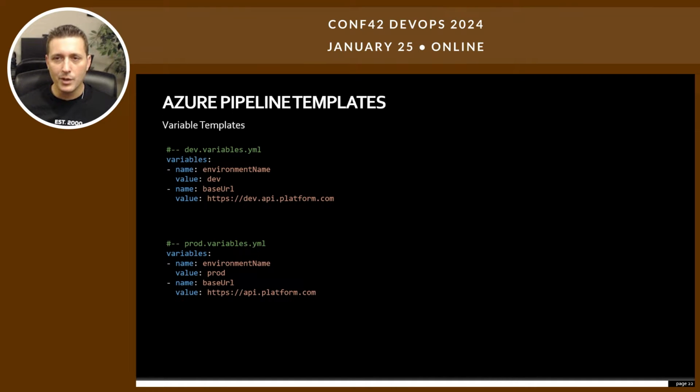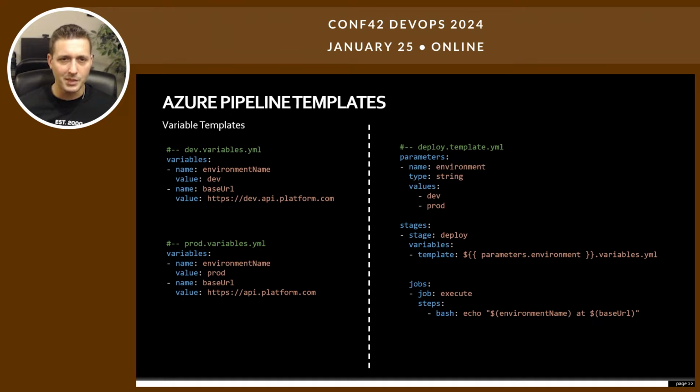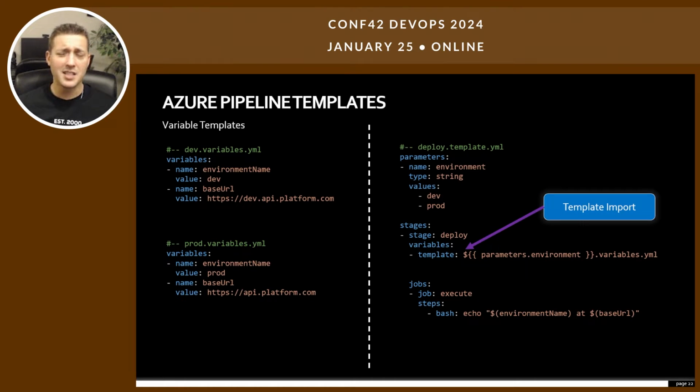Now if I were to create a template, and this template, let's say, was for deployment, I could use those variables contextually. When we come in here, we can import one of those files. This is the same way that we'll see in a minute that we can import regular parameters and regular templates. Here we can also dynamically bring in a parameter for our environment and import a file dynamically based on that.